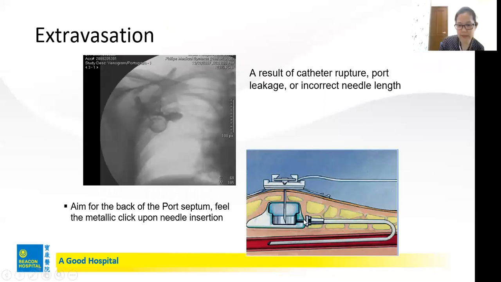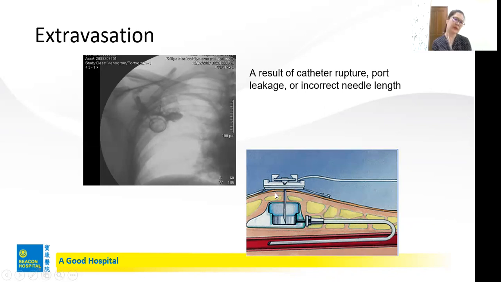So this is the connector part. When they fix the chemo port, it must click well. Sometimes it is not fixed well, or it is loose, or due to forceful pressure it dislodged, or it got some damage, then it will leak.